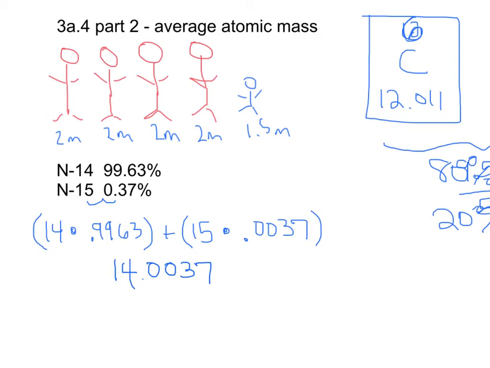Actually, my periodic table says 14.01, and then the other version says 14.0067. But they're all going to vary depending on whose data they used. So, if you calculate and it doesn't necessarily match up to what's published on the periodic table, that's actually not unusual.